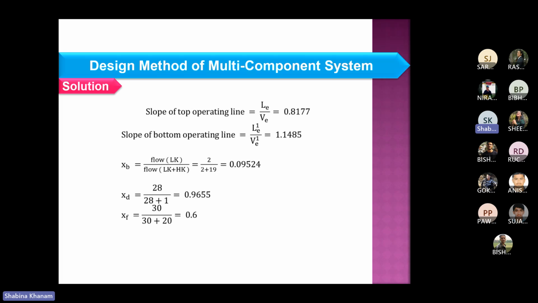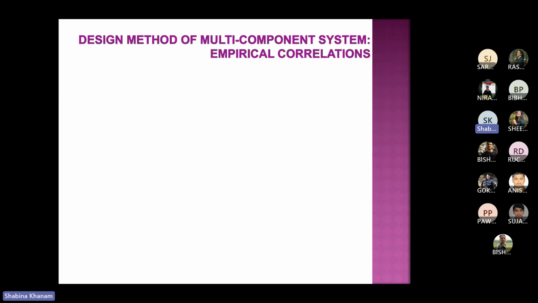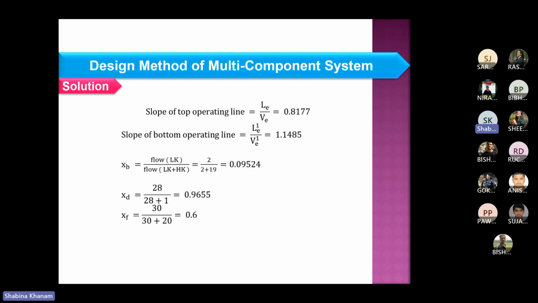Otherwise, whatever composition you require, if you find that composition in any tray in a distillation column, from that you can take the product as a side stream. That is mostly done in refineries. Otherwise you can have a series of multi-component systems. So that is about Hengstebeck's method.